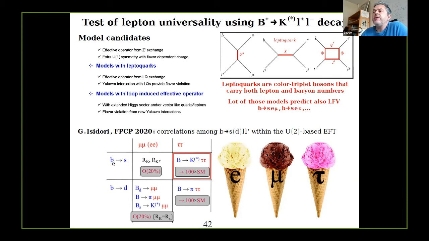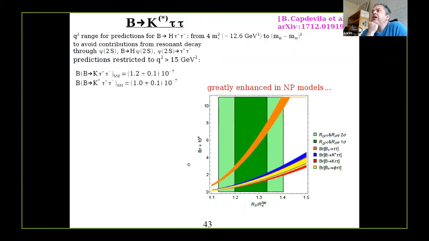So theorists ask us, what about B to K tau tau? You measure B to K mu mu, B to K e e, and as you go to the third generation, you expect larger deviations. Some predictions foresee a large B to K tau tau effect.